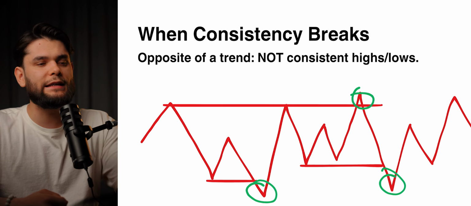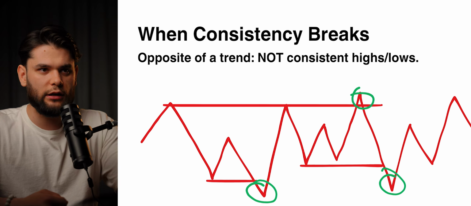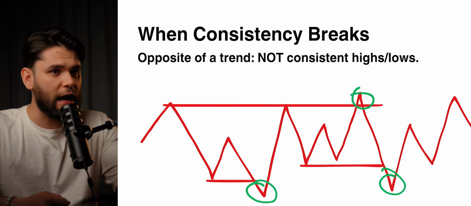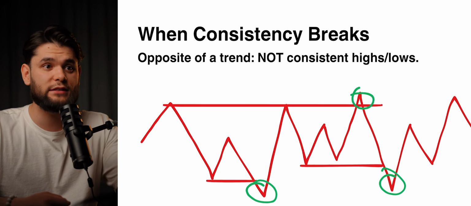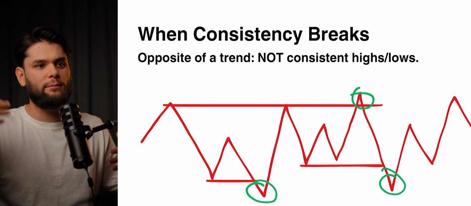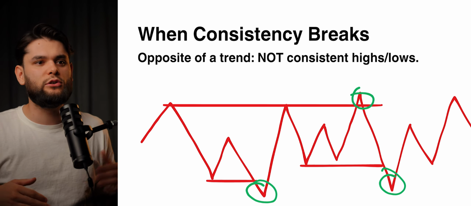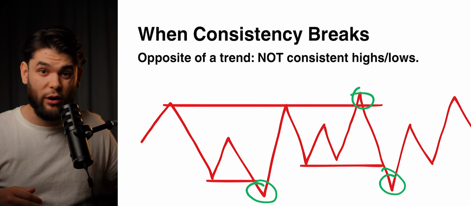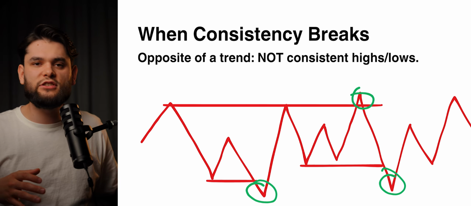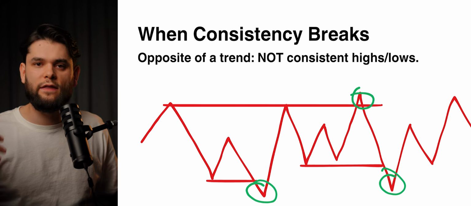A rangy market is literally the opposite of a trendy market. If I had to break it down in one sentence, price is not making consistent highs or lows in one direction. The price might make a higher high only to make a lower low right after that. Sometimes price makes new highs and lows and then just sweeps the previous levels and then reverses.